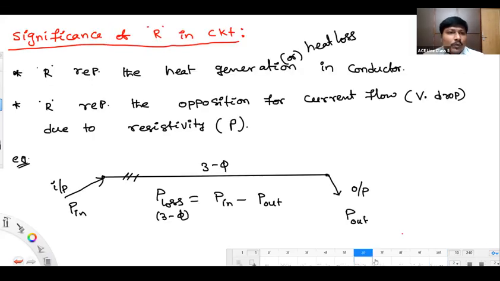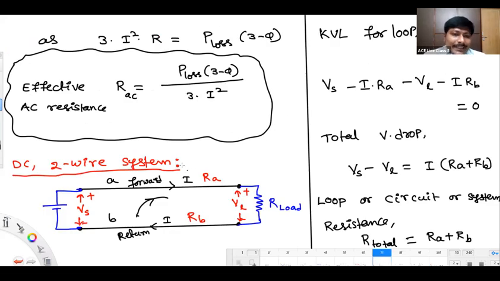Let's move back and see, what about DC two-wire? Is it practical or not? Yes. In the HVDC, it is known as bipolar HVDC line. DC two-wire system, the best example is the bipolar HVDC line.